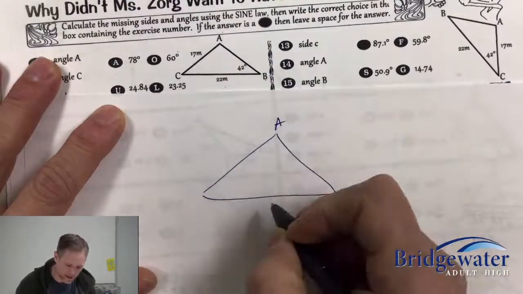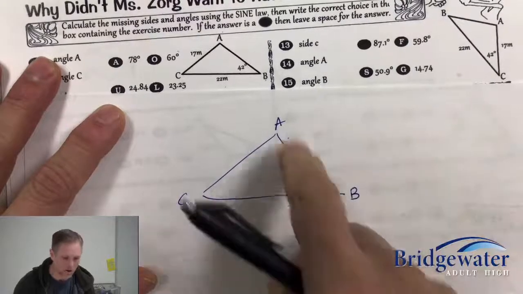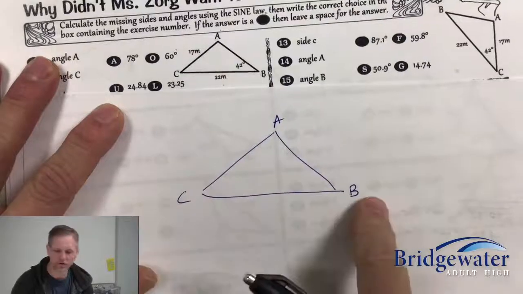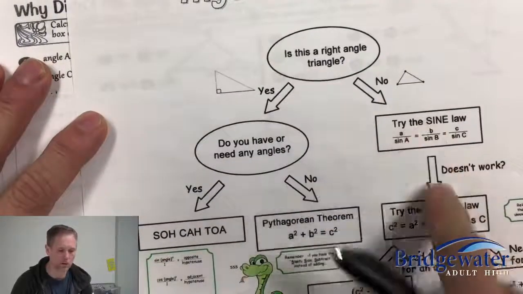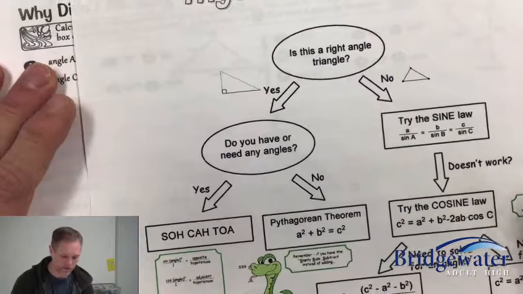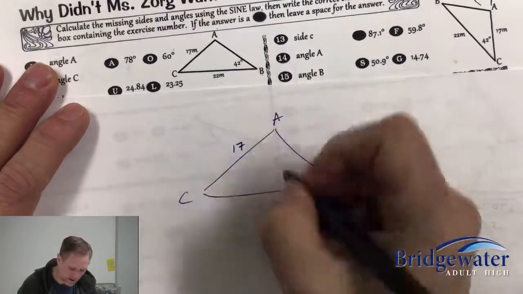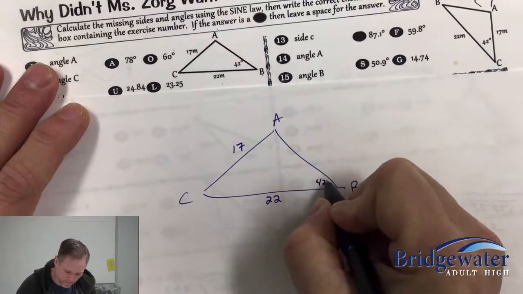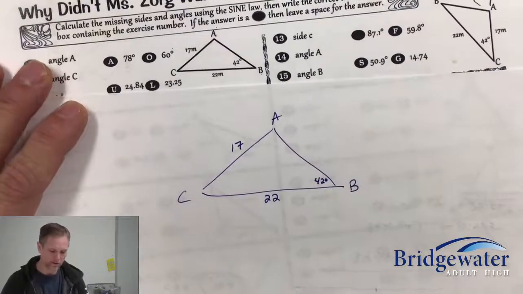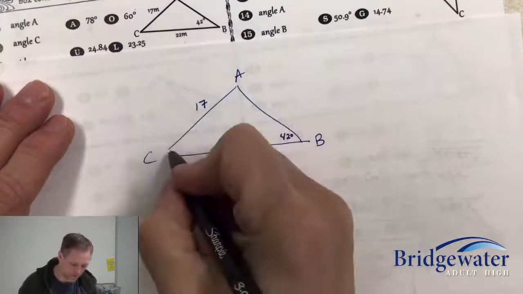They call this A, this C, and this B. Now, be careful here. This is where the trick is. So what we're doing here now is, is this a right angle triangle? No. So we're going to be doing everything on this side. Okay? So this is 17, this is 22, and this is 42 degrees. There's no 90 degrees in there. Okay? And there's the triangle.